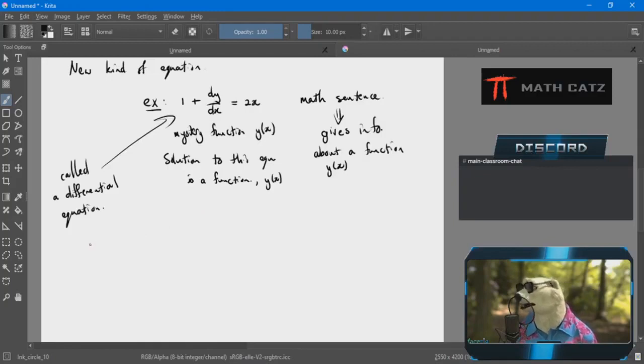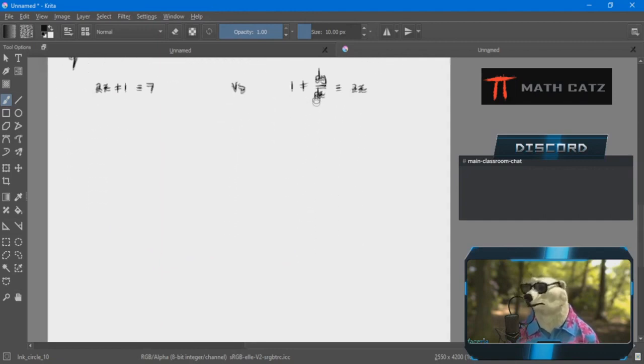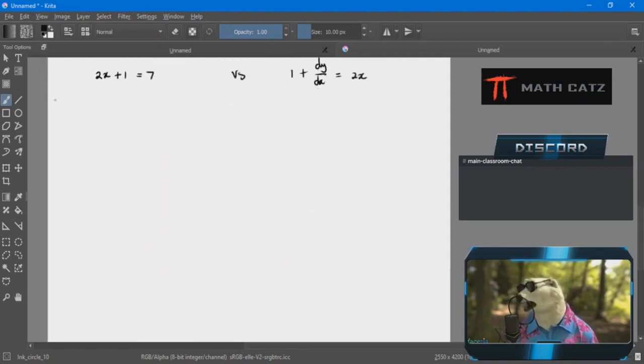So if I take my 2x plus 1 equals 7 versus 1 plus dy dx equals 2x, those are both equations. One is a variable equation, a number equation, and the right one is a differential equation. If I say a solution to this equation is 3, what does that mean?